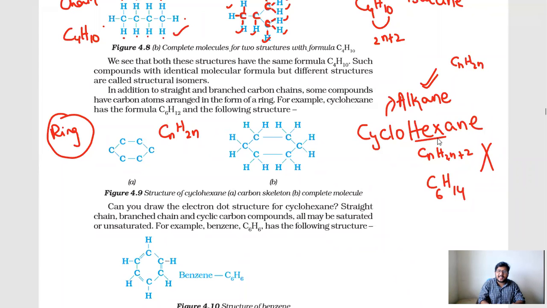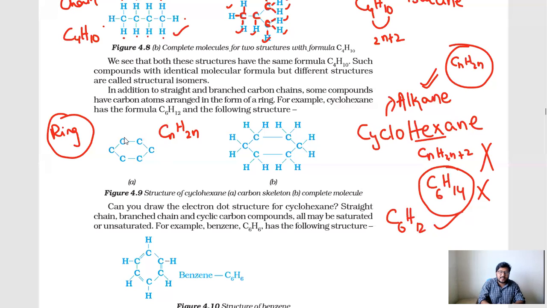Now for cyclohexane, what formula do you have to use? CnH2n. So if you substitute, it will become C6H12. Now you see C6, 1, 2, 3, 4, 5, 6 carbons, and it is hexane.